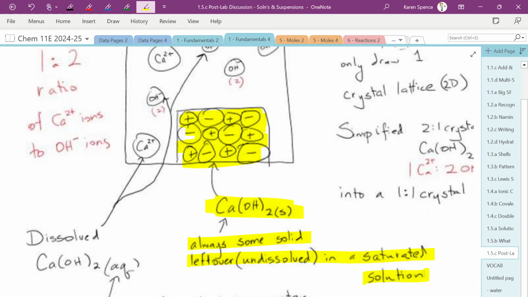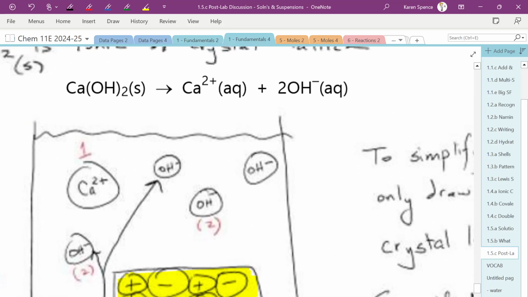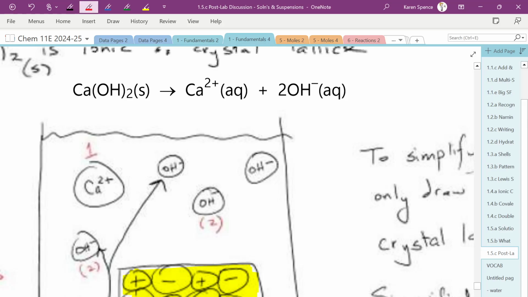Second thing to notice here is that when we have our dissociation equation, that's what this is, there is a ratio between particles here.